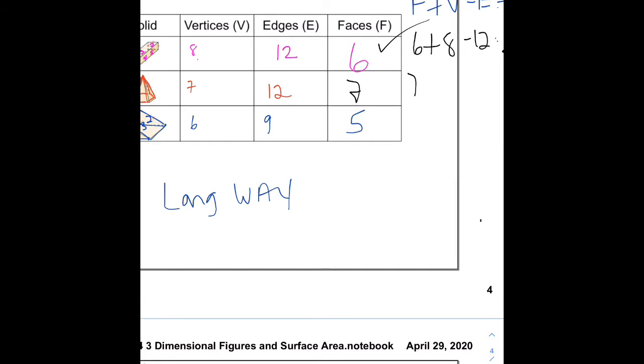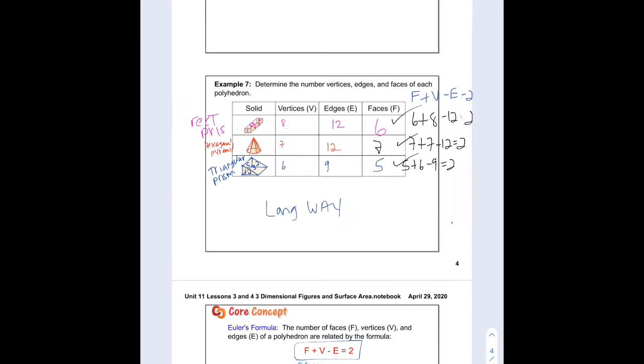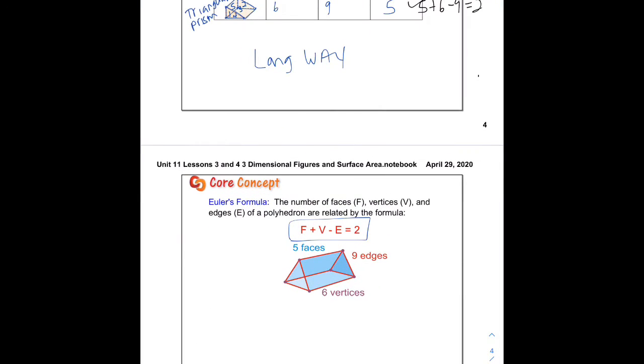All right, so if I have 7 faces plus 7 vertices, that's 14, minus 12, it does equal 2. And in the triangular prism, if I have 5 faces plus 6 vertices, that's 11, minus 9, that equals 2. So they do satisfy Euler's formula.